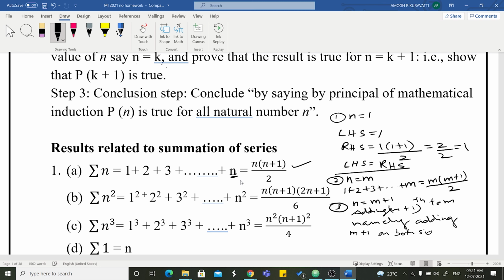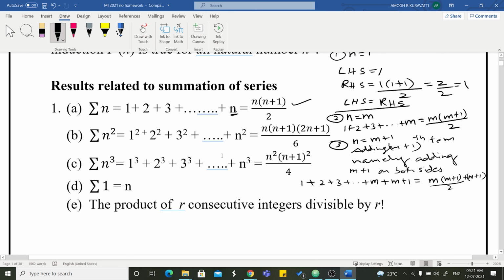You know this already from first PU, isn't it? We get 1 plus 2 plus 3 and so on plus m, adding m plus 1 is equal to, on the right side, m into m plus 1 by 2 plus adding m plus 1. Then simplify. When you solve this, you should get the same answer.